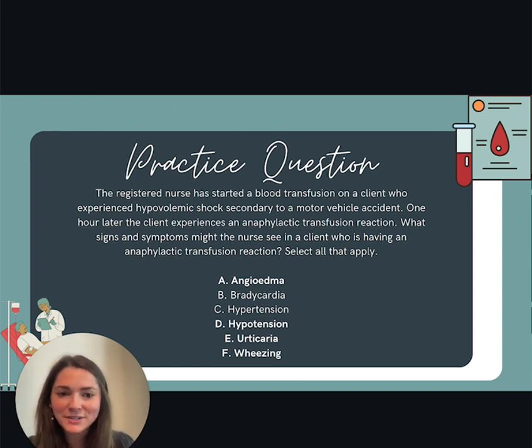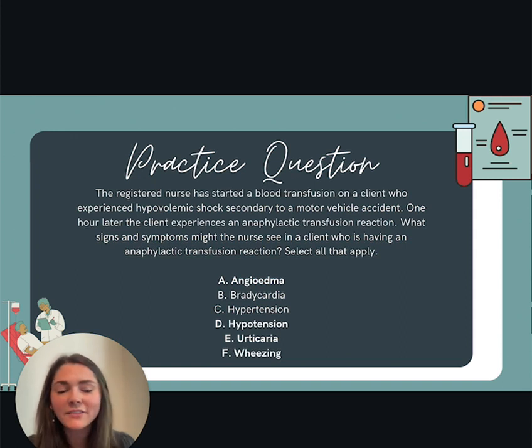First, we have angioedema. Angioedema is another term for swelling, and this is life-threatening because this means that our client's airway is at risk of swelling. Angioedema is one of those big red flags that you are dealing with an allergic transfusion reaction. Next up, we have bradycardia, or a low heart rate.